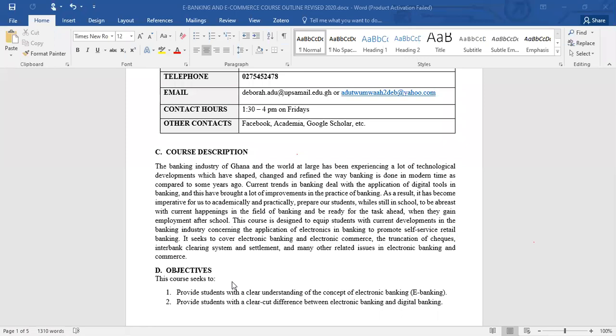But today, it is not like that. Whichever branch, in whichever part of the world that you see the particular bank, it is possible for you to have access to your bank account.